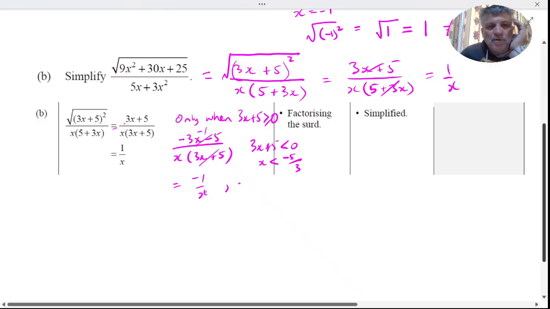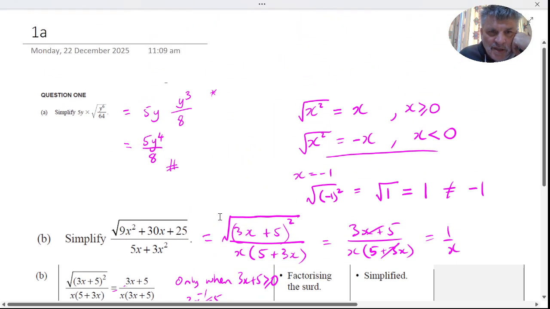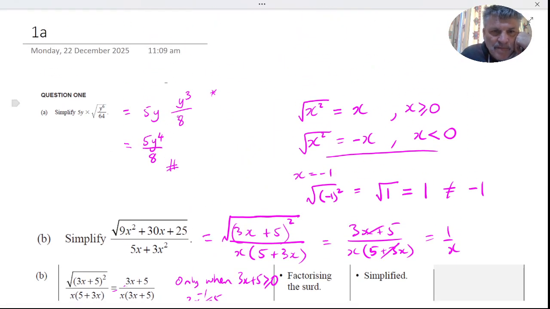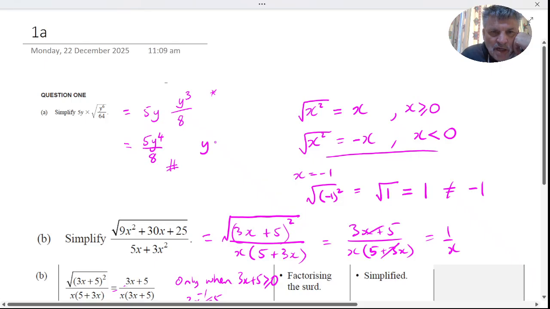I did correspond with the NZQA people, and they seem to have just ignored the problem. I suspect they're going to do the same this year and say this is the correct answer, but this is really only true for y bigger than or equal to 0.